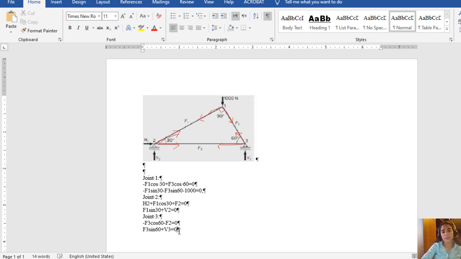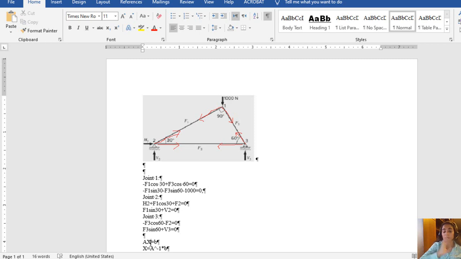6 equations, 6 unknowns. Remember, we said that in matrix form, I can define A, where A is the matrix of coefficients, times X, which is the unknown, is equal to a constant B, and then I can find X as the inverse of A times B. So this is what I'm gonna apply here.